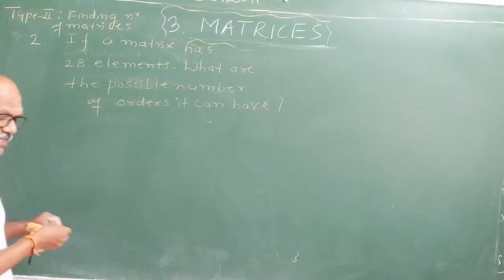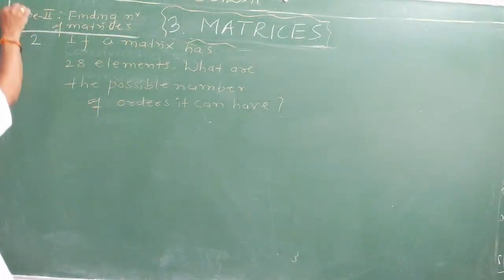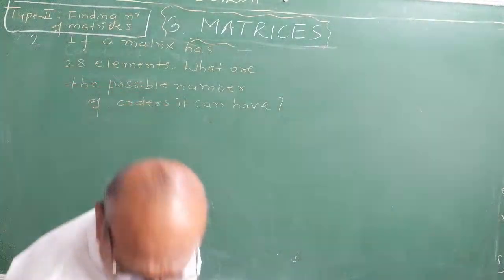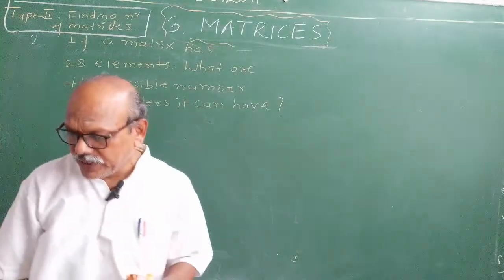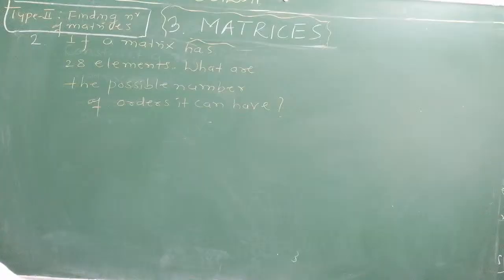See how many matrices are possible satisfying this condition. Type 2 problems: find the number of matrices given a number, right? How can you get it?